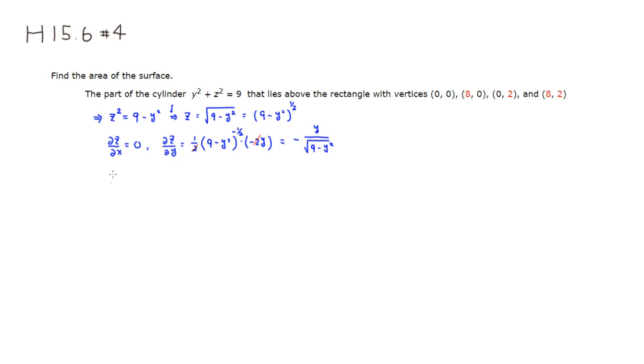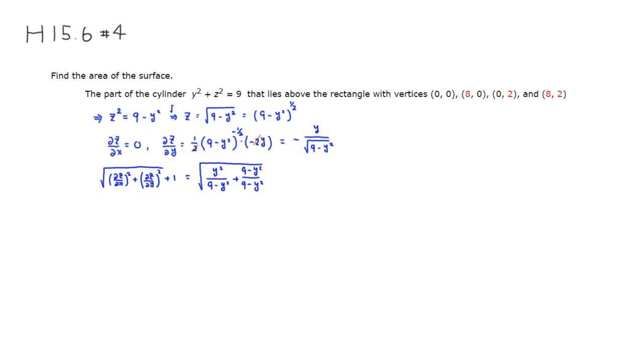Now we form the expression: the square root of the partial of z with respect to x squared, which is 0, plus the partial of z with respect to y squared, plus 1. So it's going to be the square root of y squared over 9 minus y squared, and then we add 1, writing 1 as 9 minus y squared over the same thing.